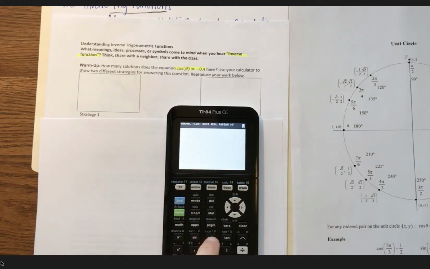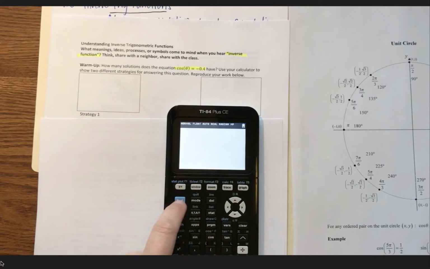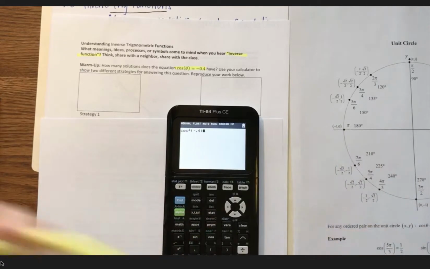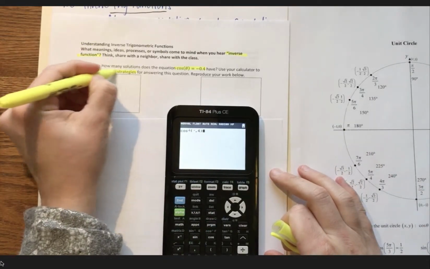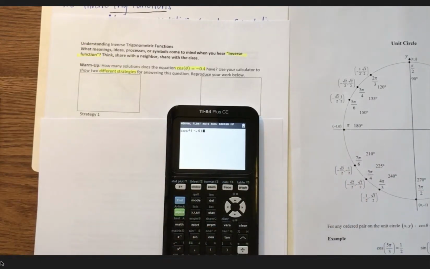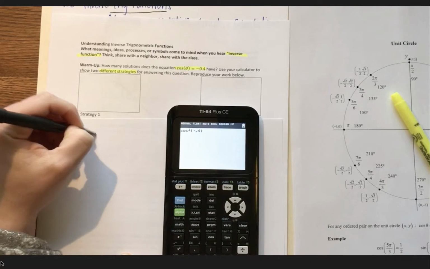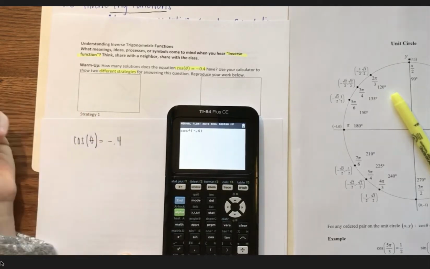I have this button called inverse cosine, second inverse cosine of negative 0.4. Now, why did I do that? Maybe this is two strategies. Really, you're looking for two different strategies for answering this question. I want you to reproduce your work on your worksheet. So the question is cosine theta equals negative 0.4.